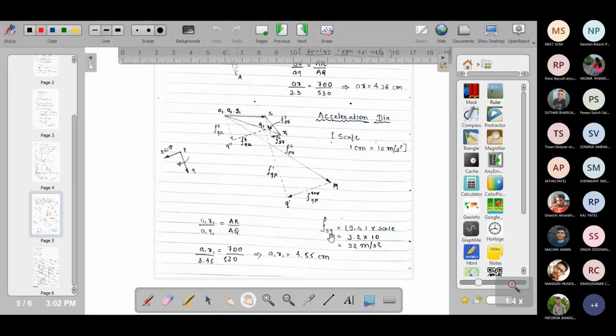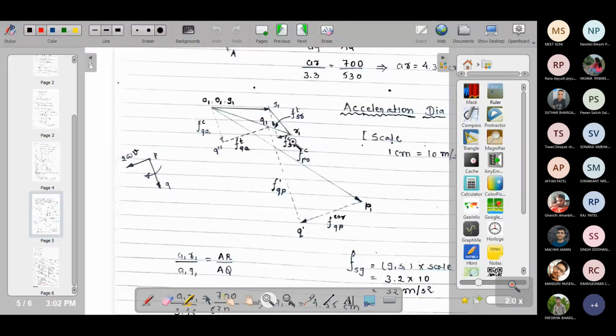This is acceleration of point S with respect to G. So G1 S1 into scale. So when I have drawn it with scale, it is 3.2 into 10. So it is 32 meter per second square. I have scanned it and I am zooming it, so the scale will get changed. अगर फिर से zoom करूँगा तो वो scale change होता रहेगा.